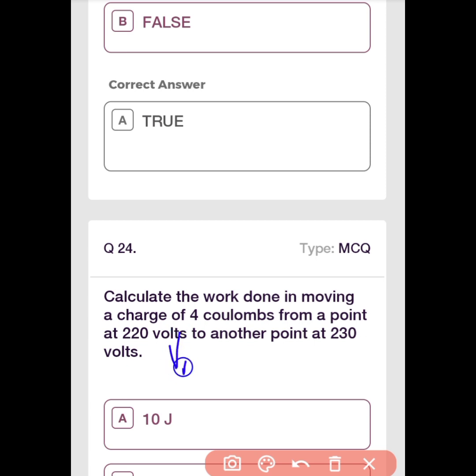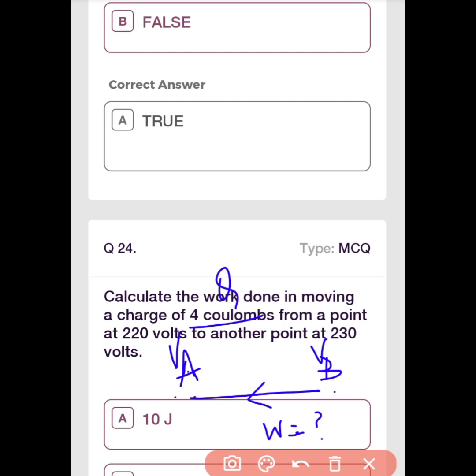Let us take this as the potential at point A and this as the potential at point B. That is, 220 is point A and 230 is point B. So we are moving the charge from point B to point A. We need to calculate the work done, and 4 coulomb of charge is moved from point B to A.